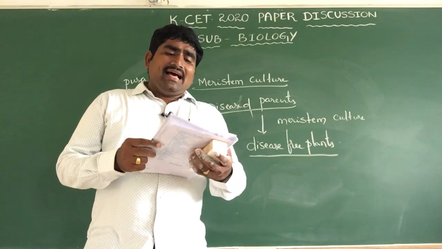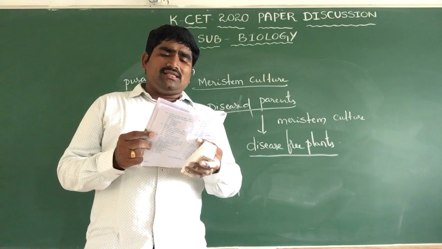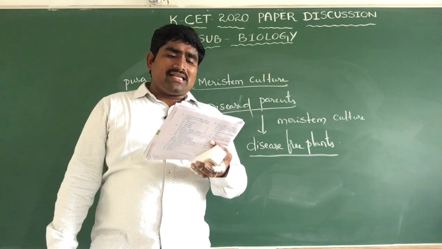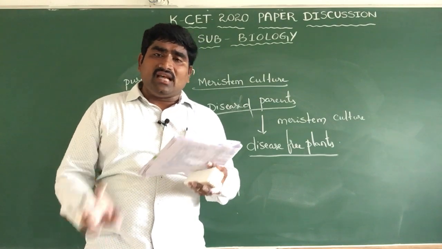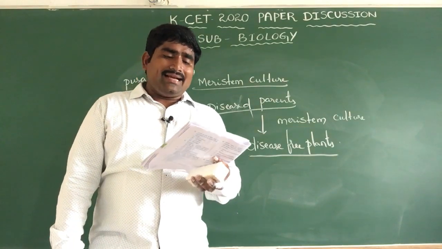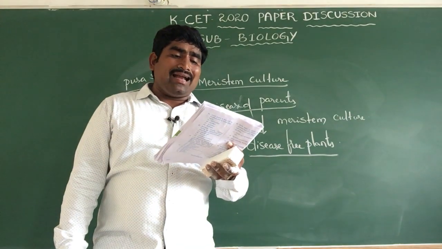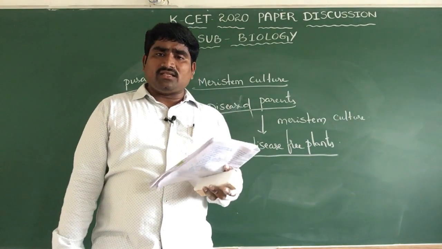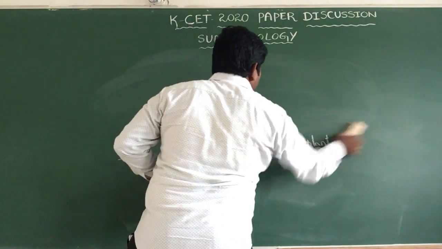And next one is ruminant animals. Ruminant animals can digest cellulose in their food, whereas human beings are unable to do so. So how can ruminants digest the cellulose?